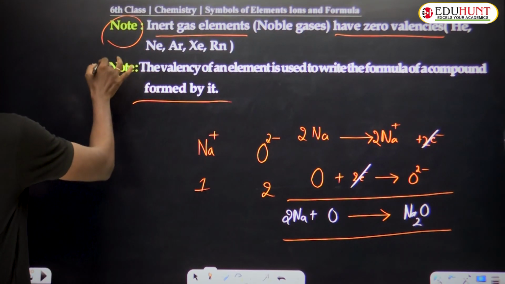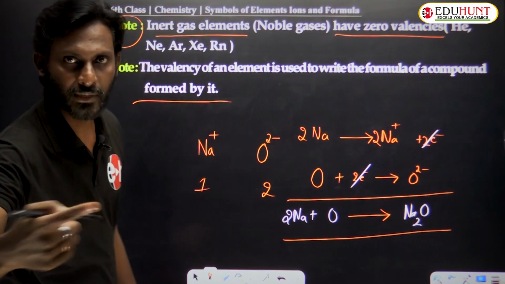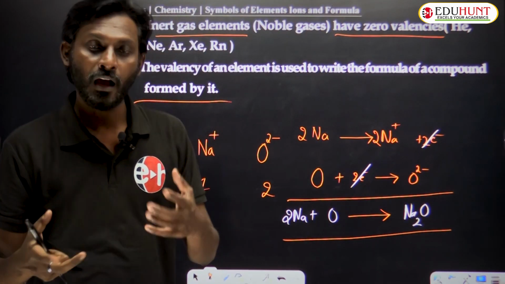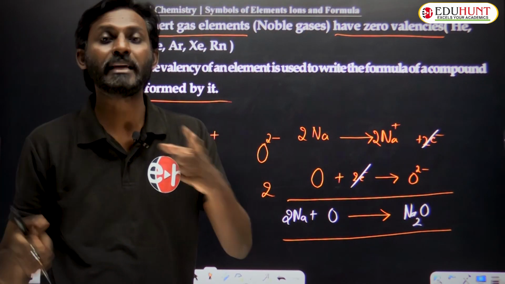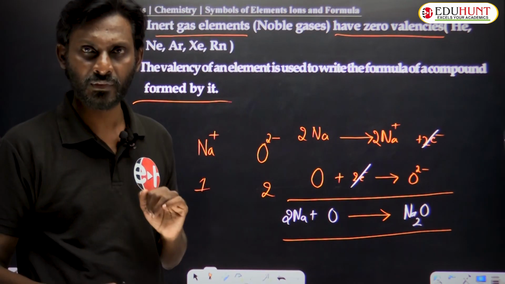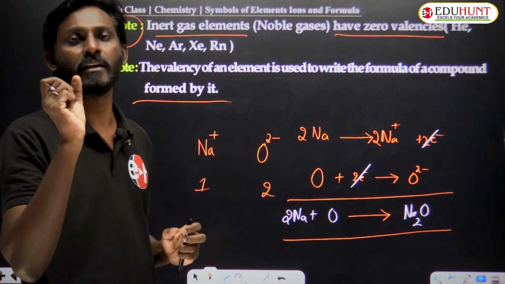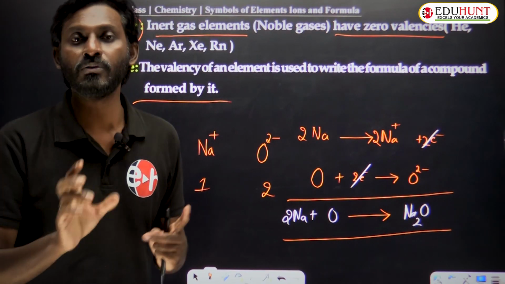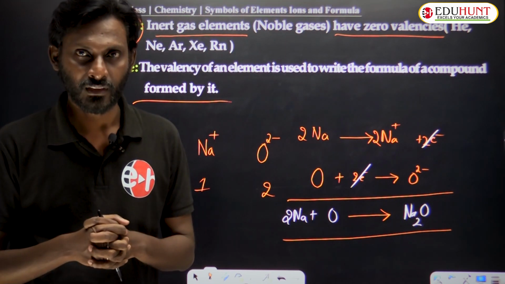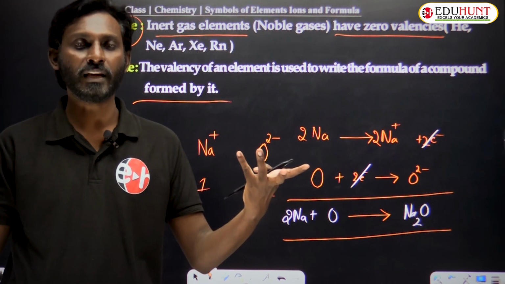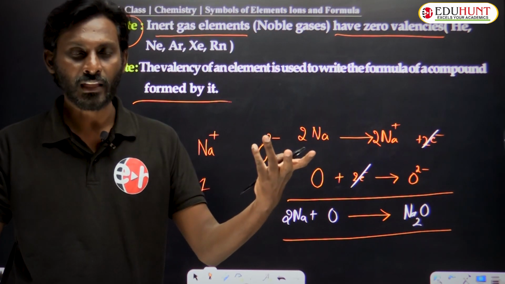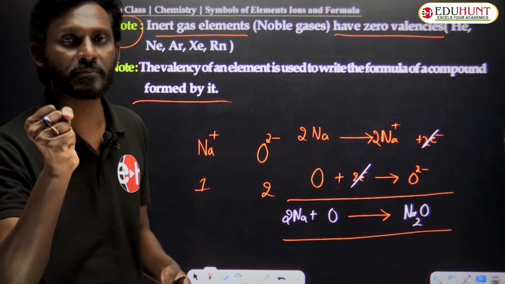In the next upcoming video, I am going to explain how the ions combine by the crisscross method. I will give you a trick to make formulas with ions. If you have ions, then you can simply make the formula with them.